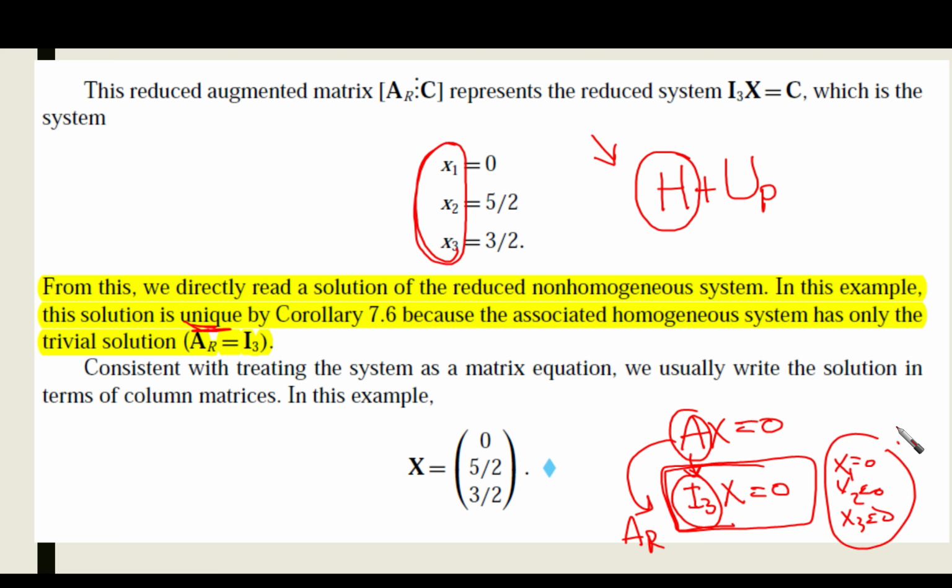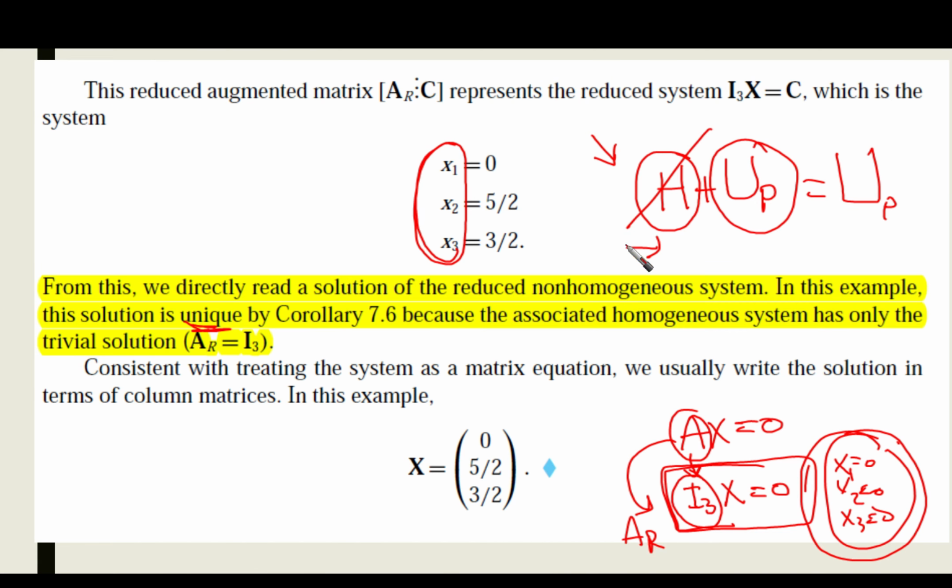So when we add this trivial solution, which we call H, to the UP, we are going to have a unique solution. Here H is 0, so in this case, we are going to have a unique solution, which is the particular solution only.